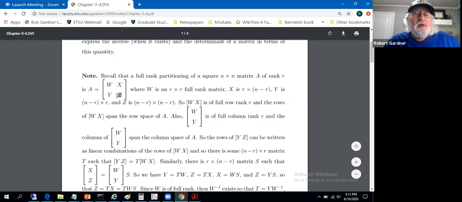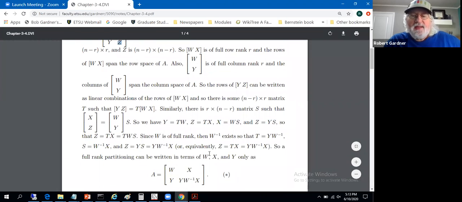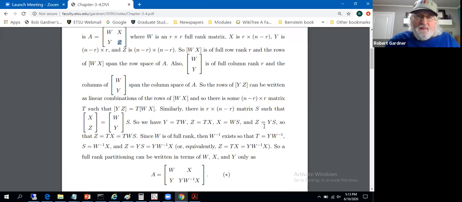We're going to express the Z part in terms of the W, X, Y part. So by having matrix A in this form, it turns out the Z part's determined. That's where we're going. So we've got this batch of equations, and we're going to fiddle around with them, but we've got a goal here. I'm trying to solve for Z in terms of W, X, and Y. It looks like we're going backwards because we've introduced not only W, X, and Y, but also T and S.